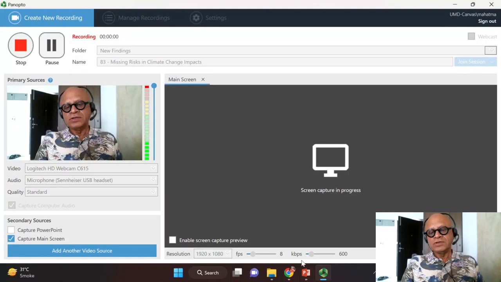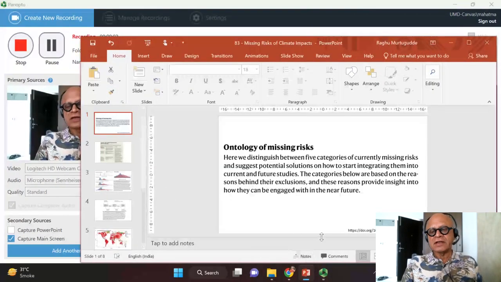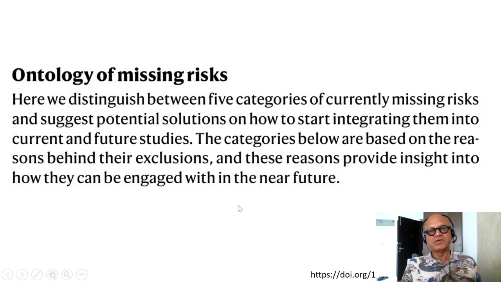We are all used to now looking at a long list of risks from climate change, which obviously cover everything from human health to sea level rise, agricultural impacts, crop yields, impacts on ecosystems and biodiversity, extreme events, and so on.